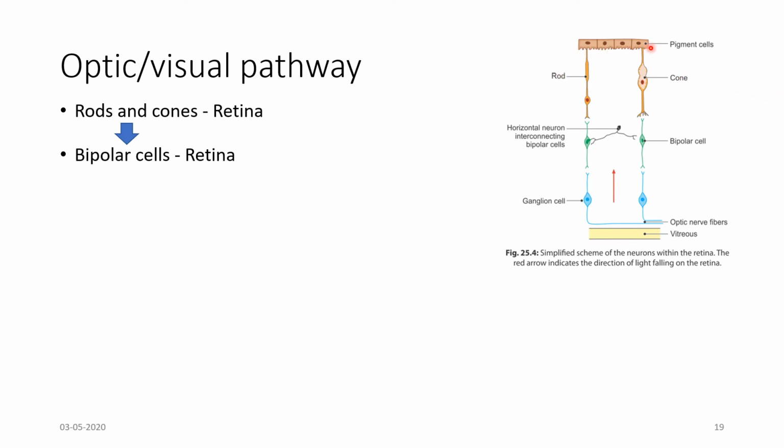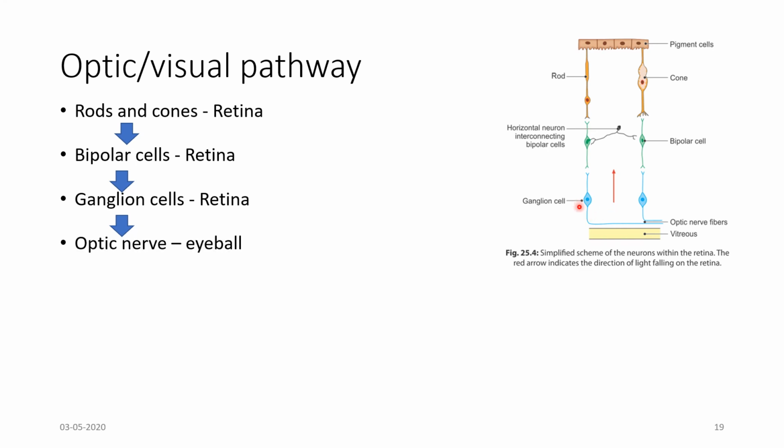So this is the pigment cells. Then you are seeing the rods and cones. From there, the information goes to the bipolar cells of retina, and from this the information reaches the ganglion cells of the retina.